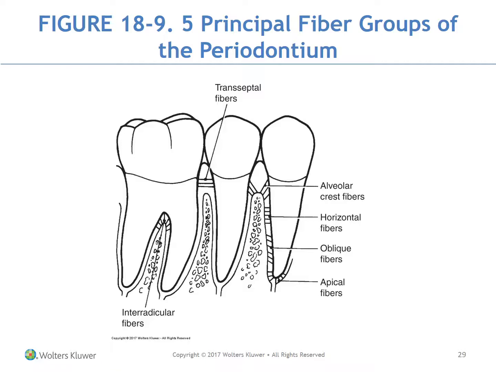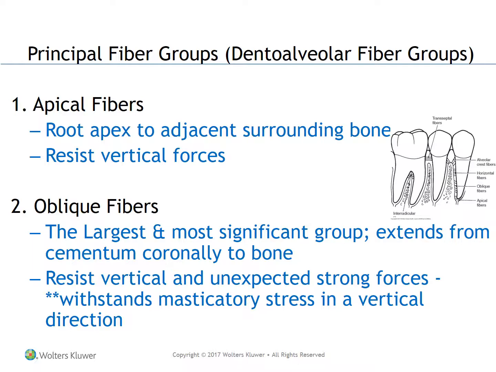Now these are our principal fiber groups, and we have the alveolar crest. All right, we have our horizontal fibers, our oblique fibers, and our apical fibers. All right, apical fibers. These are found at the root of the apex to the adjacent surrounding bone. These resist vertical forces, so biting down, okay?